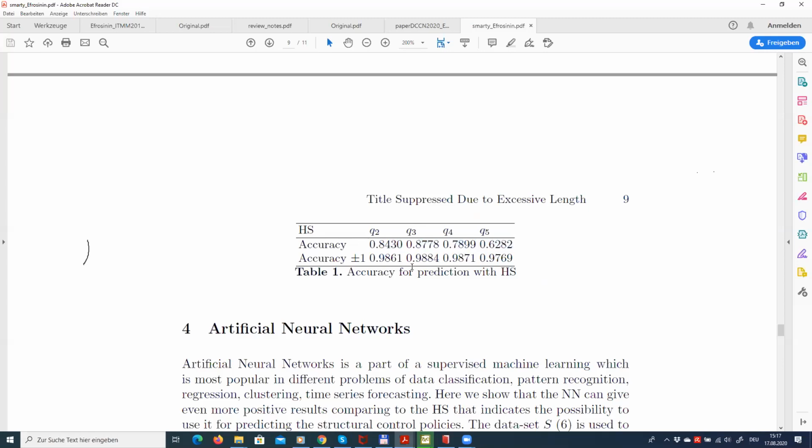And if we allow that the thresholds can vary by at most plus minus 1, because it almost has no influence on the average cost function, then the accuracy is even higher. Okay, so that means almost 97% we have a quality of prediction.